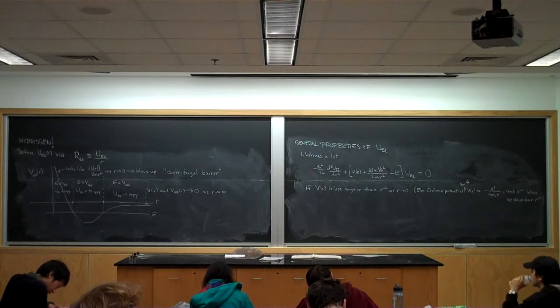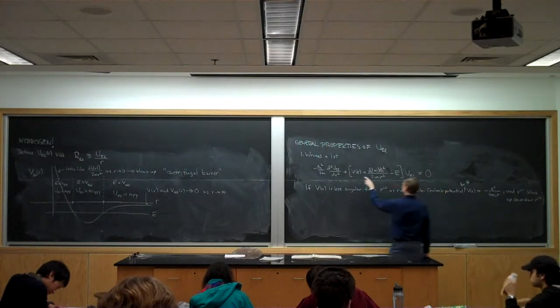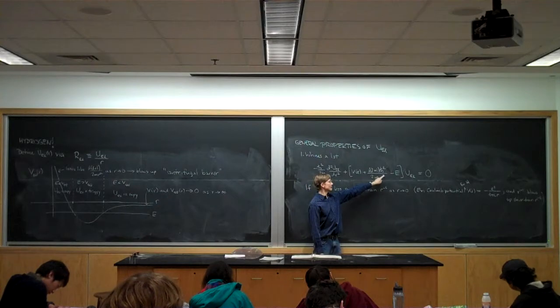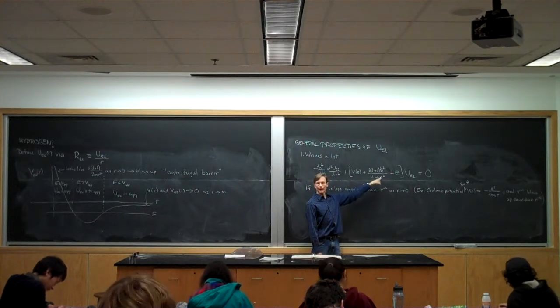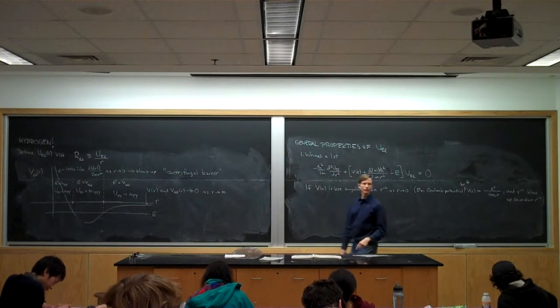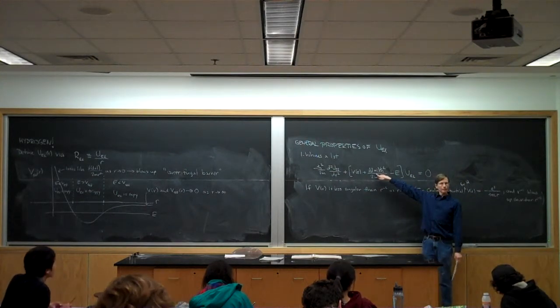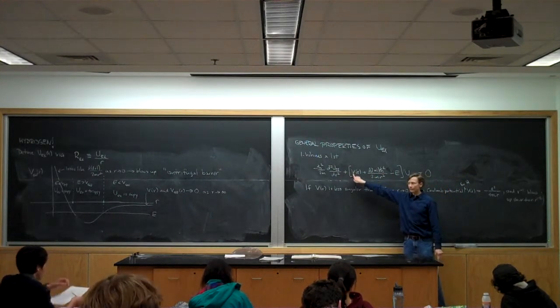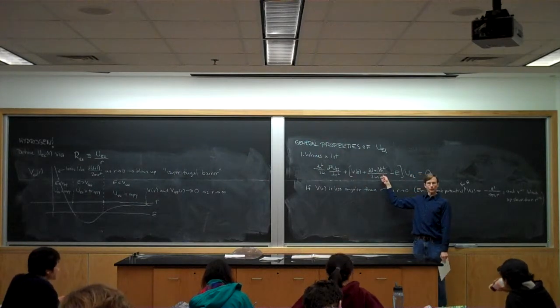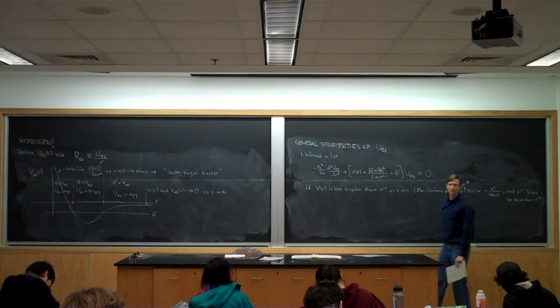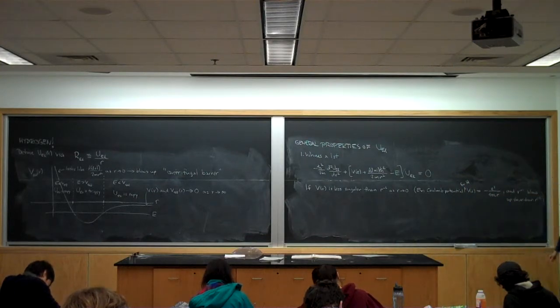In other words, v is blowing up as r goes to 0, but 1 over r squared blows up faster than 1 over r does. So for very small r, this term is a lot bigger in magnitude than this term. The centrifugal term is a lot bigger in magnitude than the v of r term, because for very small r, 1 over r squared is a lot bigger than 1 over r is.